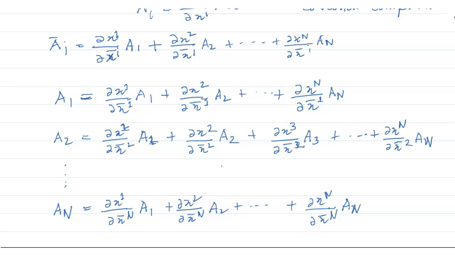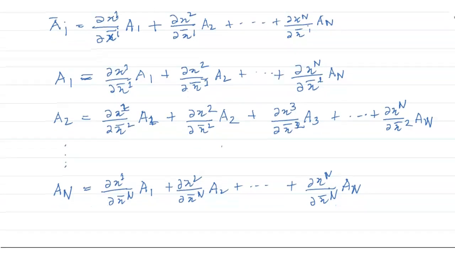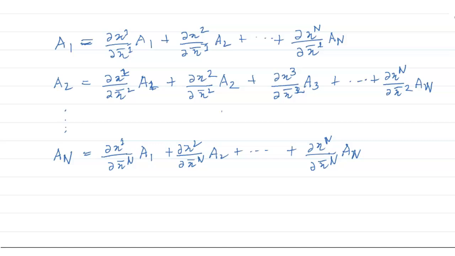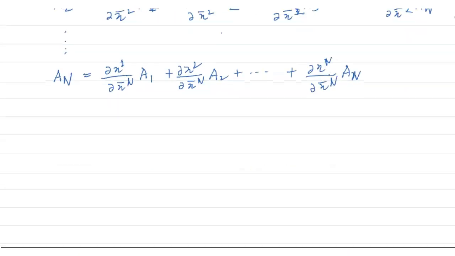So friends, it can be represented in matrix type. How can I write it? This is the matrix representation.